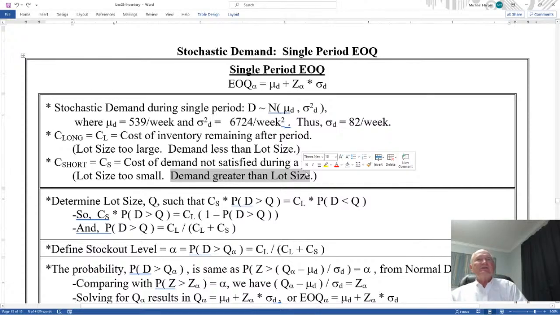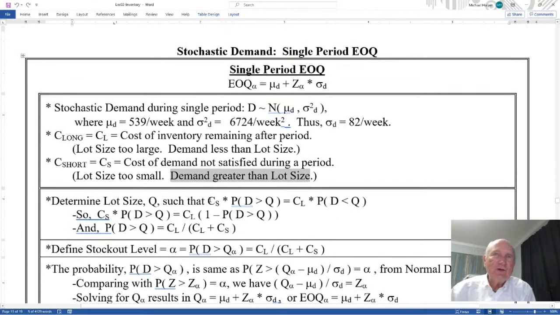So here, the derivation simply is, I'm taking my short cost, and when my lot size is less than my demand, then my demand's greater than my lot size, then I'm going to be short, right? So that's times my short cost. But when my lot size is more than my demand, then I'll be long. There's my long cost. So then what I do, I define my demand greater than my lot size.